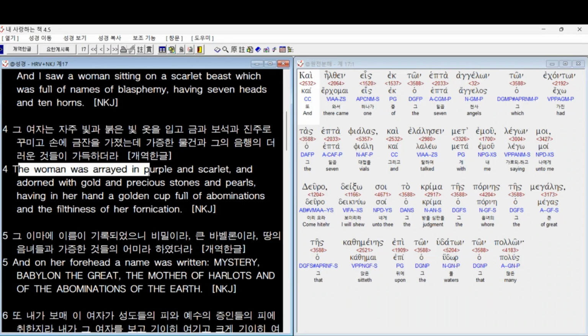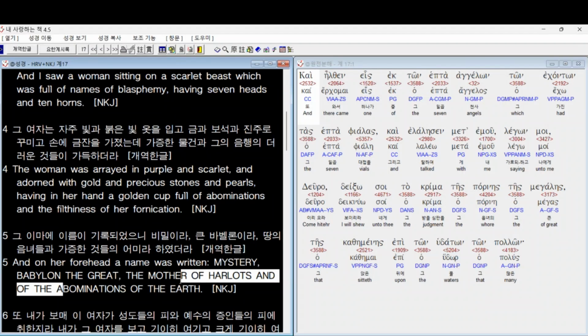And the woman was arrayed in purple and scarlet and adorned with gold and precious stones and pearls, having in her hand a golden cup full of abominations and the filthiness of her fornication. On her forehead a name was written, Mystery Babylon the Great, Mother of Harlots and of the Abominations of the Earth.